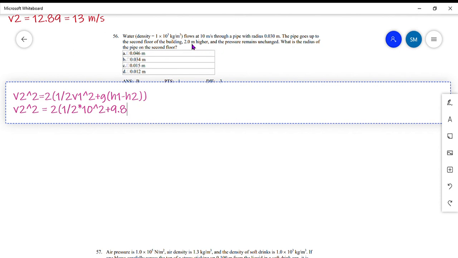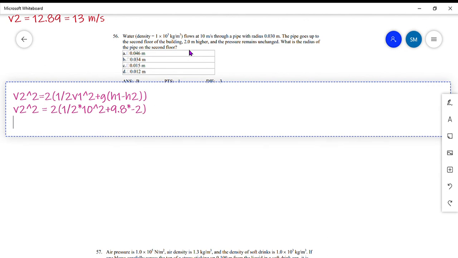He said in the question, the pipe goes up the second floor of the building 2 meter higher. That means H2 minus H1 is 2 meter, and H1 minus H2 is negative 2, like the previous question. After solving this manually or by using the calculator, you will find that V2 is simply equal to 7.8 meter per second.